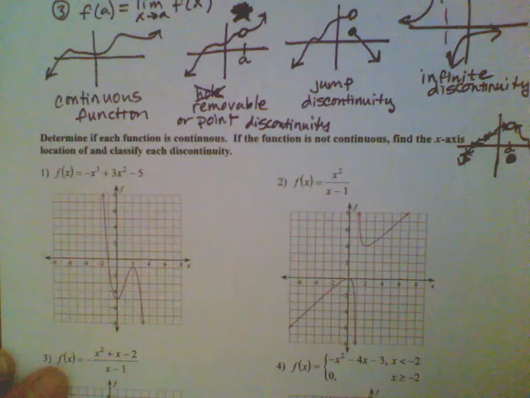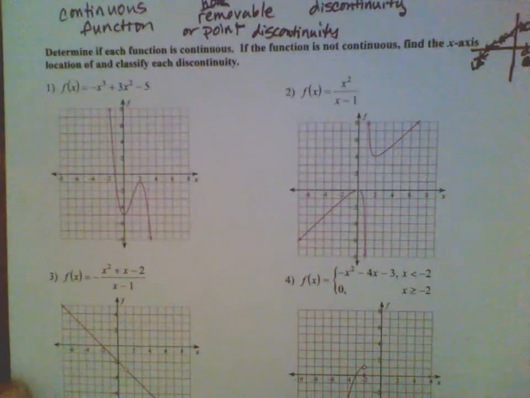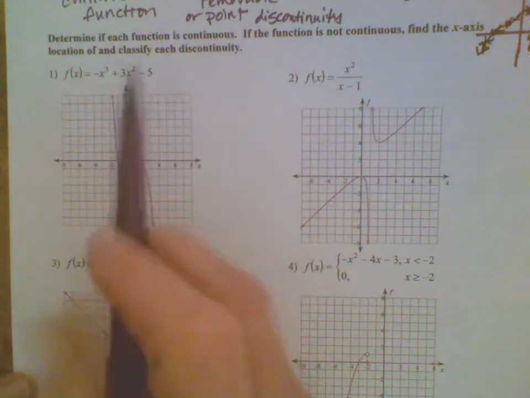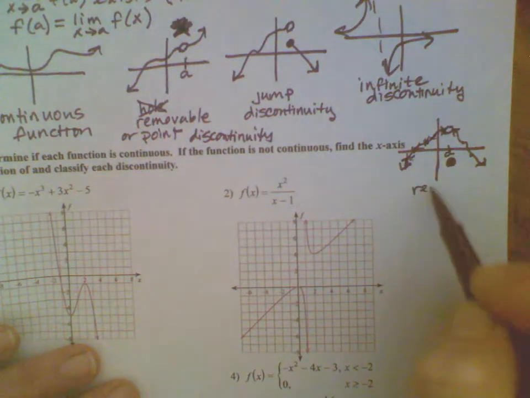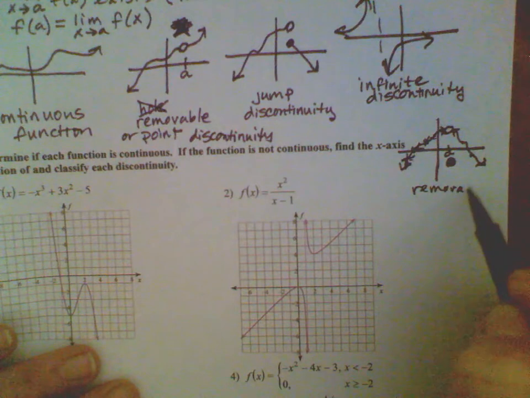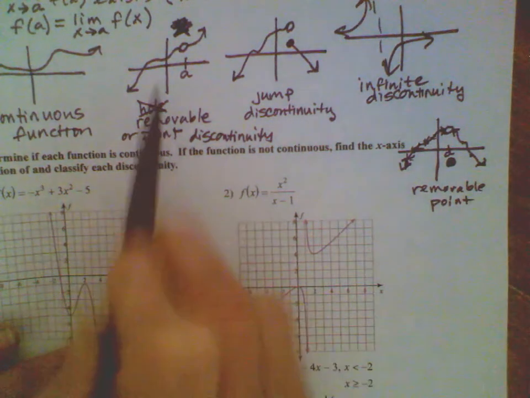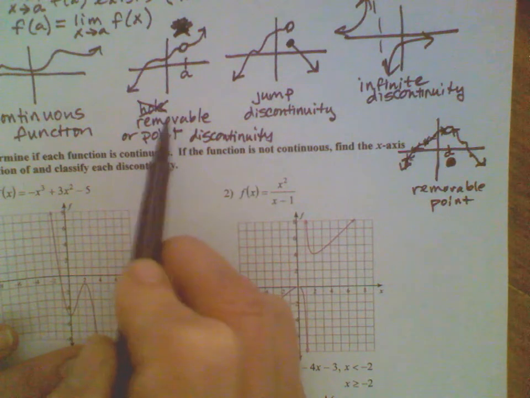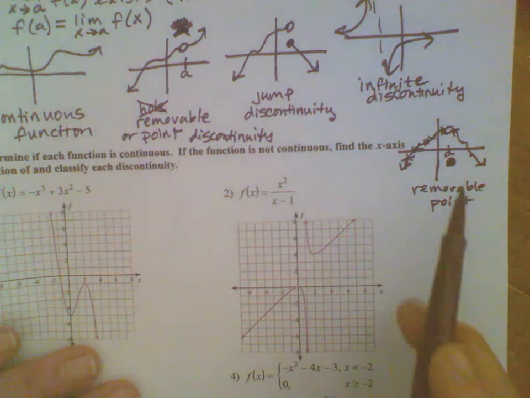Is it infinite? What's the issue? Okay? So this one here again is another removable or point situation. It's just different from the first removable or point situation, because in that one I didn't have a value everywhere, but in this one I do have a value.